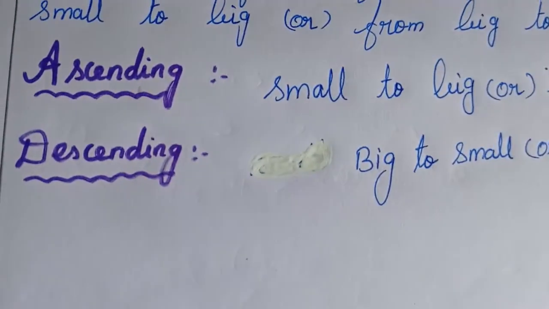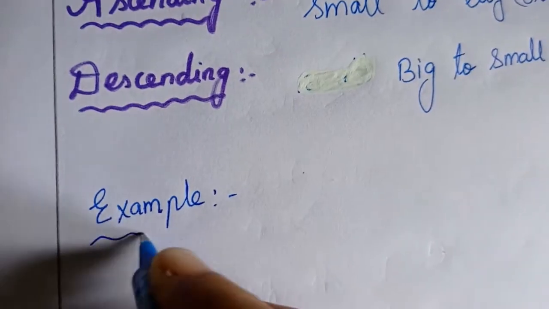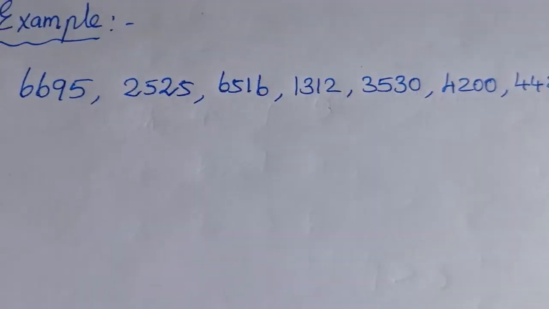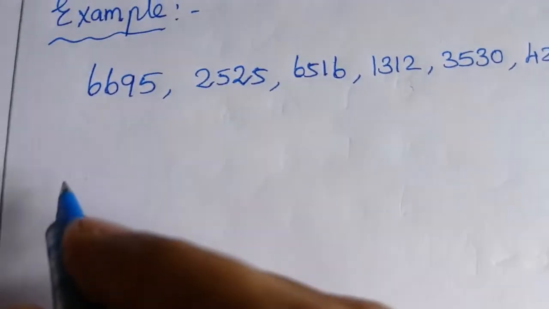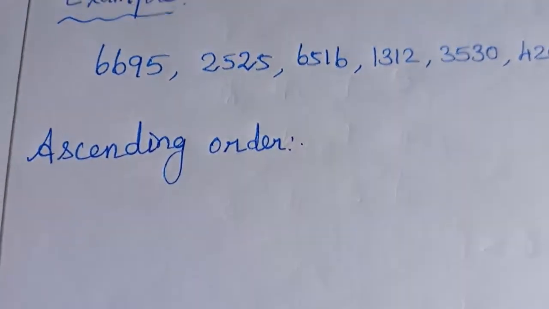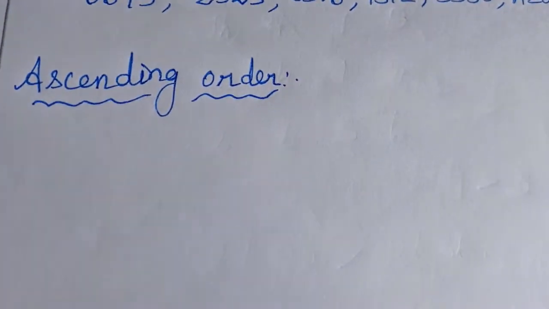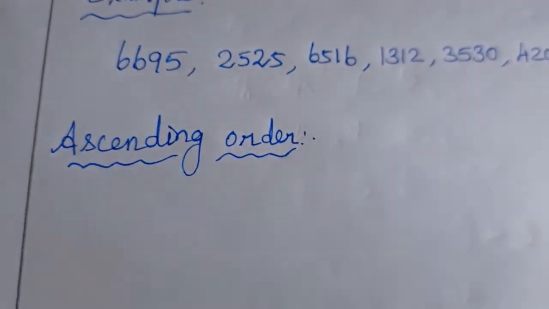Now let's do some examples related to ascending and descending order. Here first you have to find the ascending order. What is ascending order? You have to arrange the numbers from small number to big number.